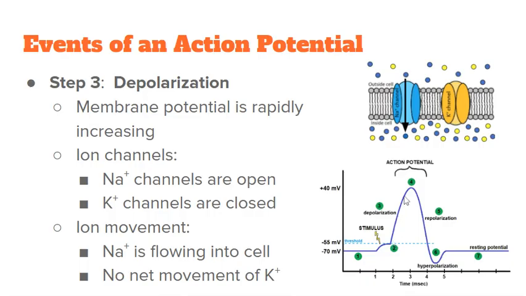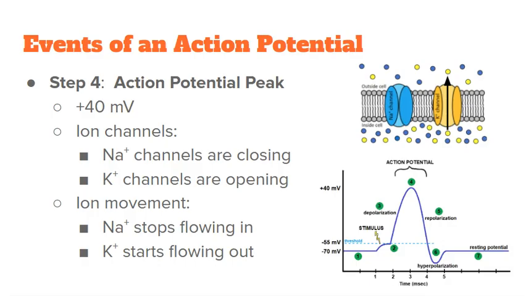We're working up toward that positive 40. What's going on with our ion channels? Well, our sodium channels are wide open. So we have sodium flowing into the cell, flooding inside, right, causing them to become more positive. Potassium, nothing's really happening there, right, until we reach that peak.